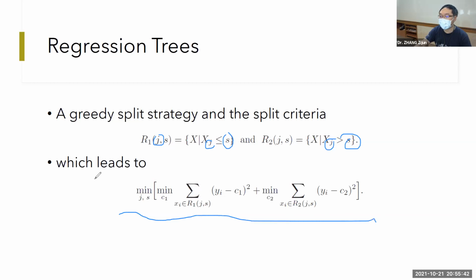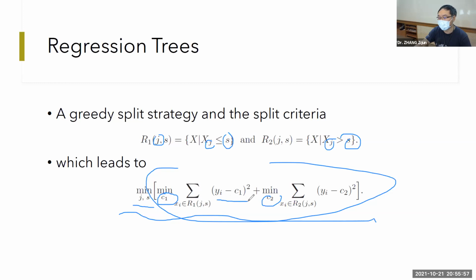It is a two-layer minimization problem. First, we minimize the overall error by determining j and s. Next, based on each j and s, we minimize over c, so that the residual between y and c is small.